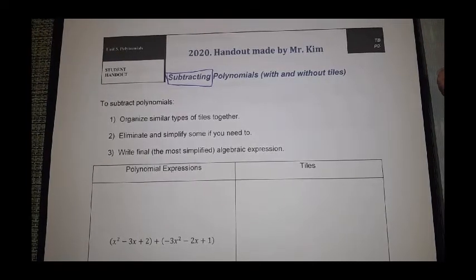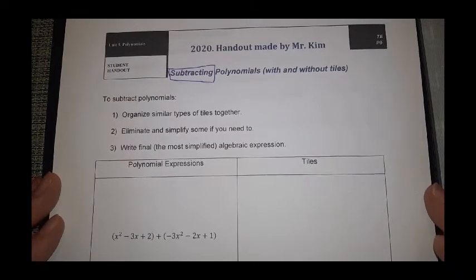In addition, we use the algebraic method, which is basically the mental math method. So today we are going to go through two examples that involve tiles, and then 2-3 examples that involve algebraic polynomials and how we can use mental math or algebra skills.